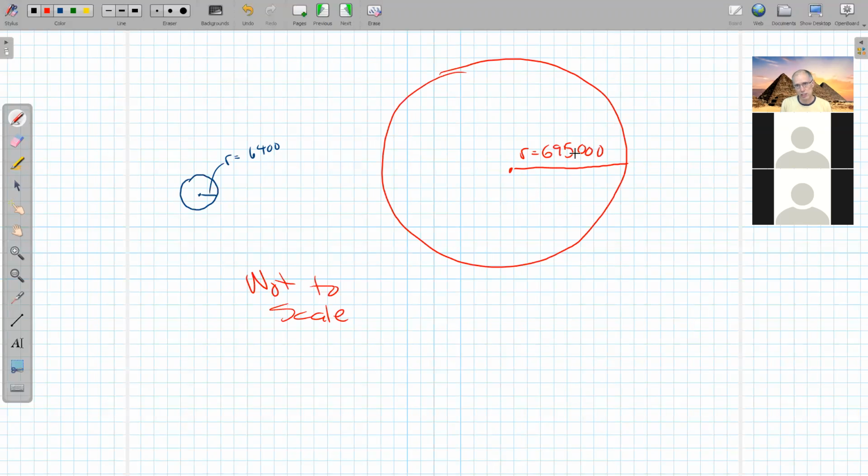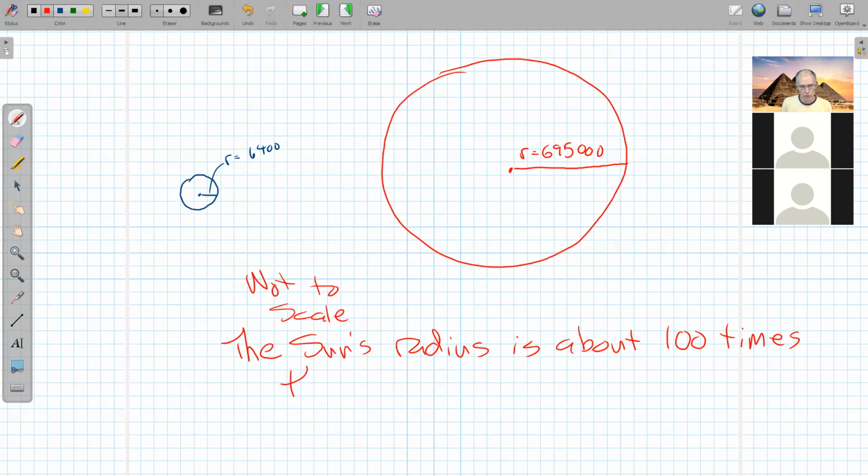And we can see the sun's radius is way bigger. And the ratio we just calculated is that the sun's radius is about 100 times bigger. And I'm just going to rough it at 100. The sun's radius is about 100 times the Earth's radius.